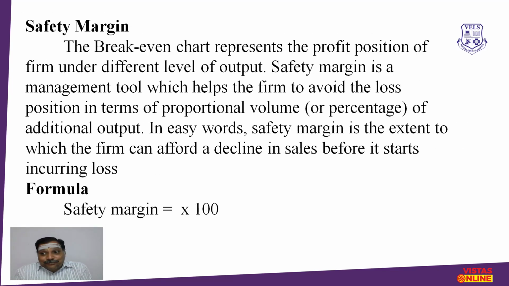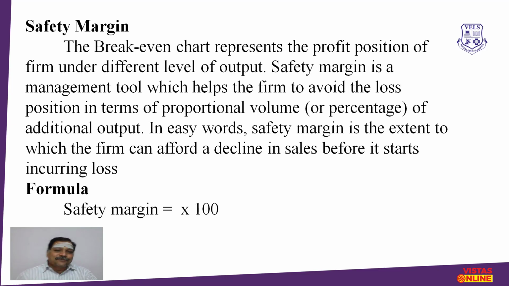The next important concept in the break-even analysis is called safety margin. The break-even chart represents the profit position of the firm under different levels of output. The safety margin is a management tool which helps the firm to avoid the loss position in terms of proportional volume. We may express it in percentage of the additional output.